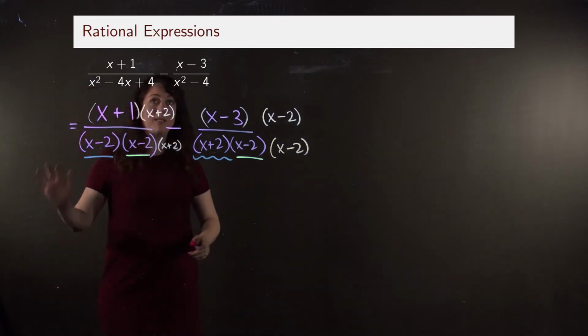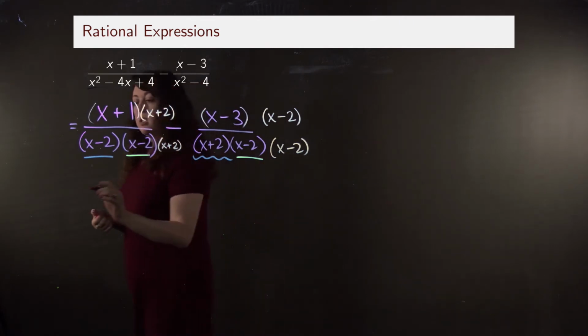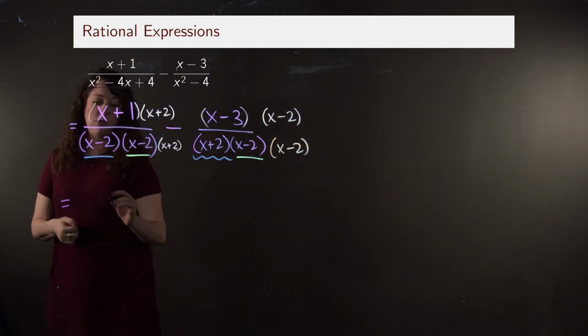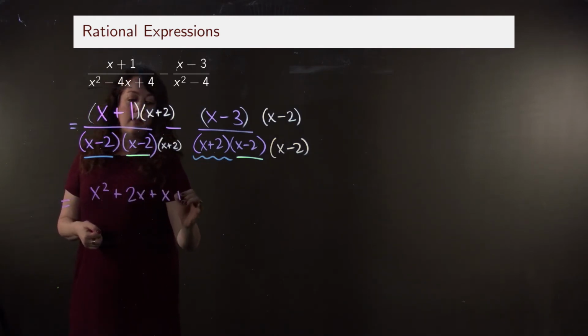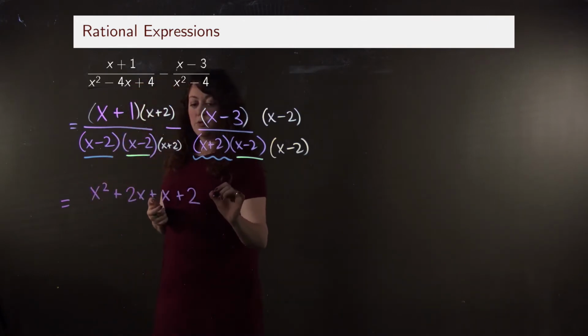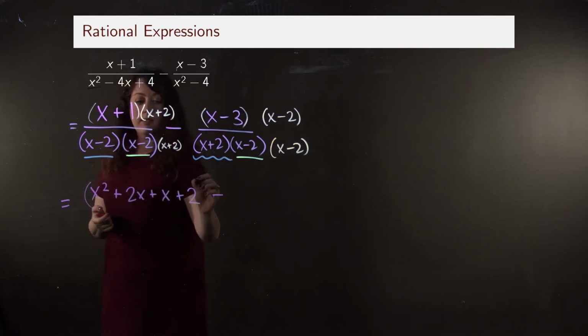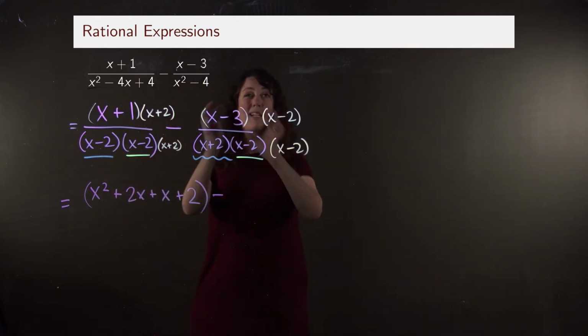Okay, so our next step is to actually do all of that multiplication and see if we can simplify things down. So x plus 1 times x plus 2, that's going to give me x squared plus 2x plus x plus 2. And then I'm subtracting, because these are now the same fraction denominator, I can just subtract across the top. I'm subtracting this whole thing.